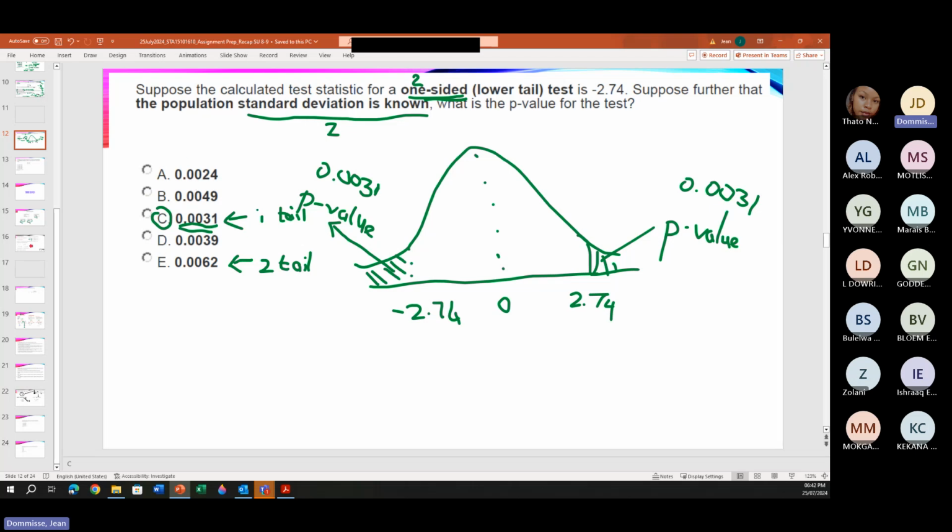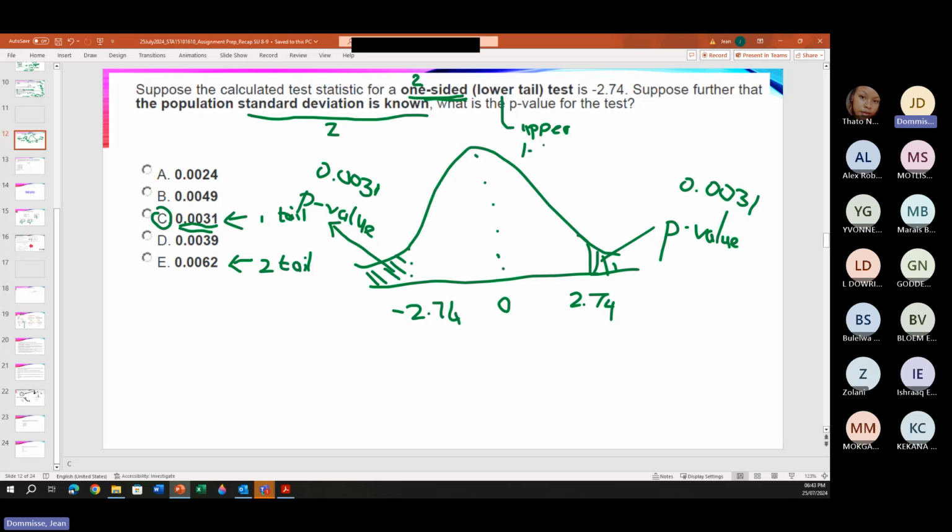Okay, but very important, one tail only looks at the one side of a p-value. So even if it was one-sided upper tail, it would still have been just the one side. So it doesn't matter if it's one tail upper, one tail lower, your p-value will stay the same. Because for the upper tail, let's just cover nearly all of the options.